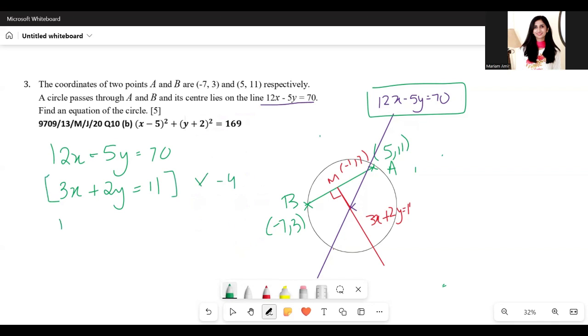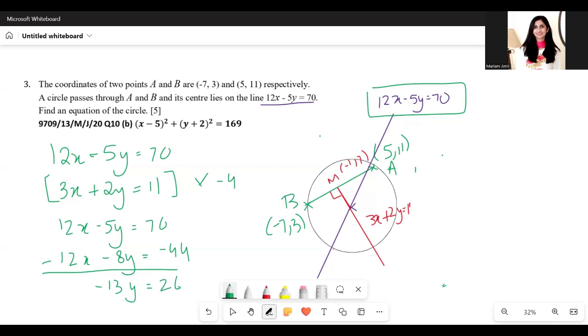So the first equation stays unchanged. The second equation becomes negative 12x, negative 8y is equal to negative 44. Adding, negative 13y equals 26, y equals minus 2.